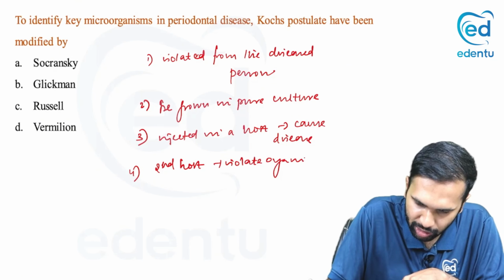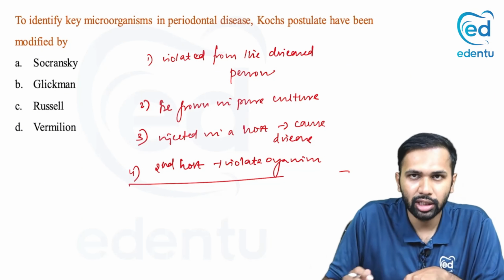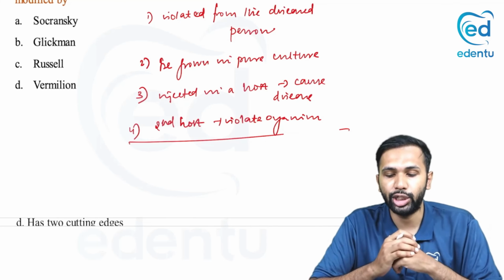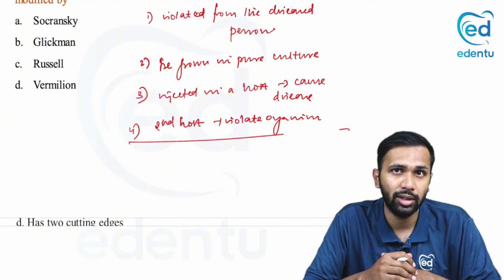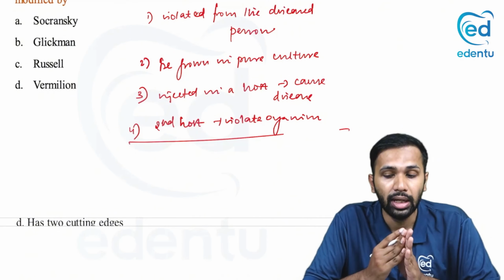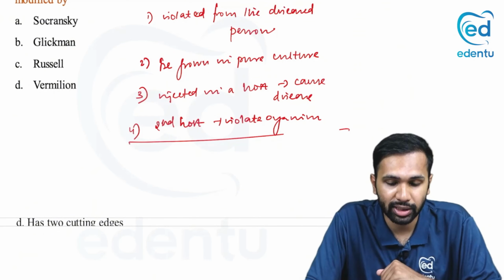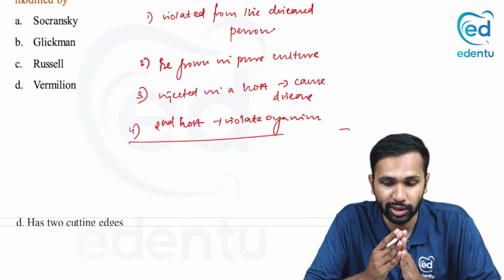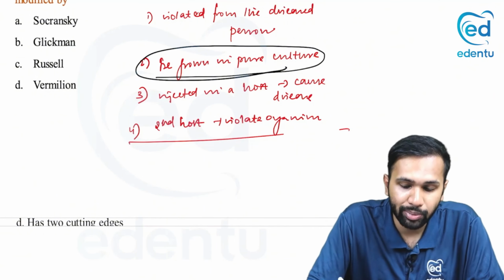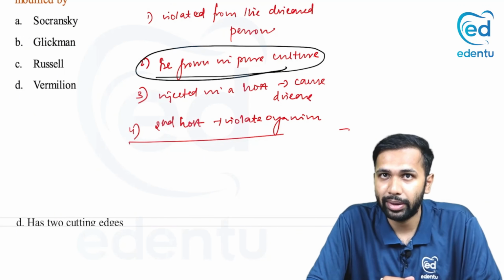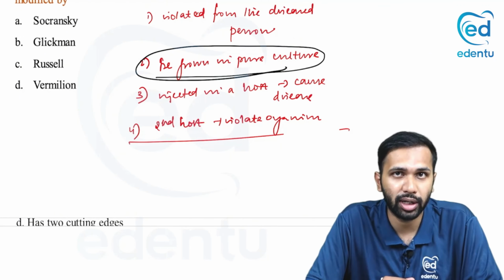These were the postulates or conditions given by Koch in order for an organism to be called an etiology. But the problem with Koch's postulates, especially with respect to periodontal pathogens, is that periodontal pathogens cannot be grown in pure culture. Periodontal pathogens cannot be cultivated in pure culture.